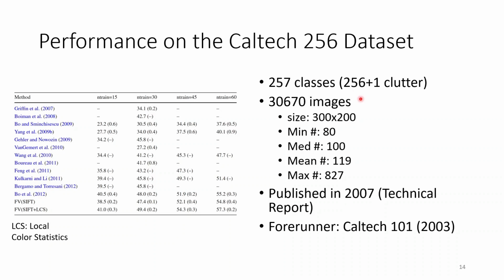See how the image size is slightly smaller in the Caltech 256 dataset, and the total number of images is also smaller than ImageNet. And the number of classes is also small because the dataset was published in 2007.